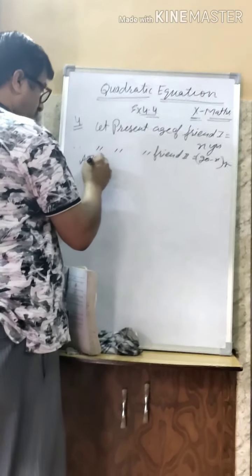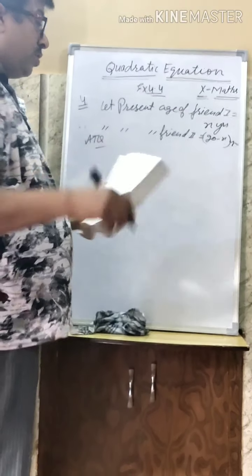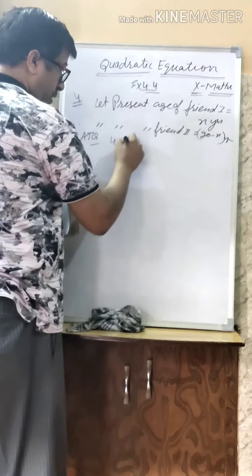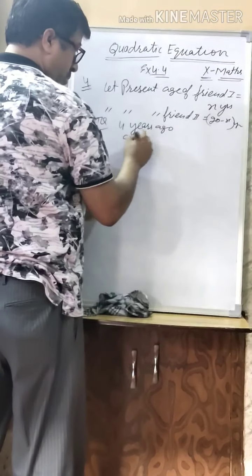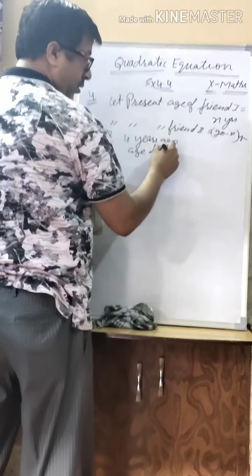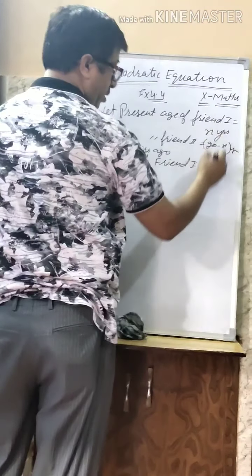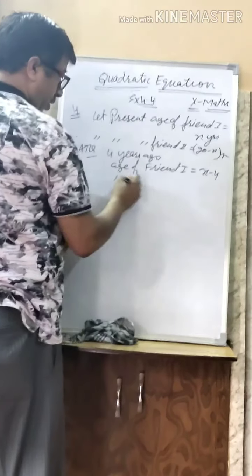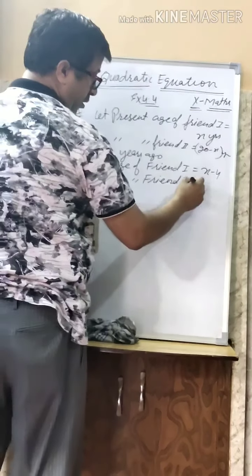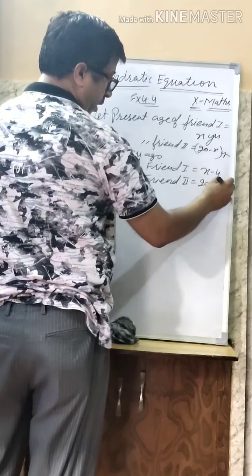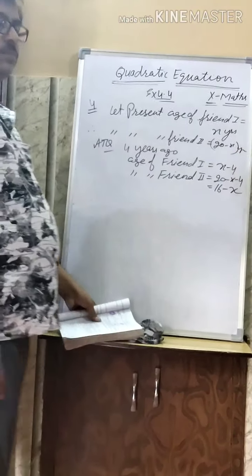So according to the question, what is it saying? Four years ago, the age of the first friend was x minus 4. The age of the second friend was 20 minus x minus 4, that is 16 minus x.